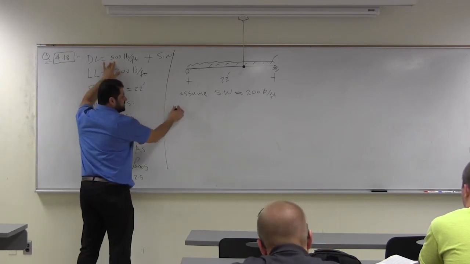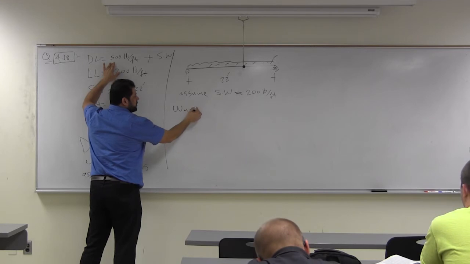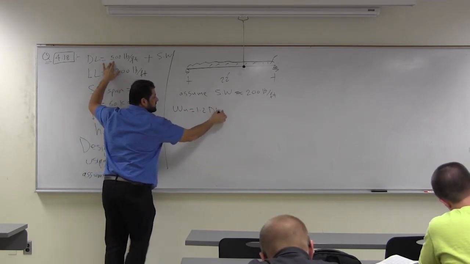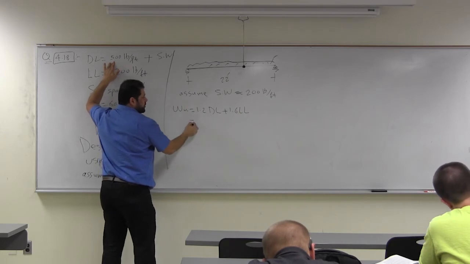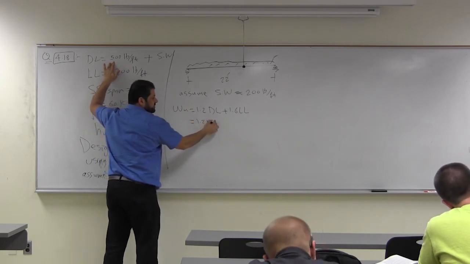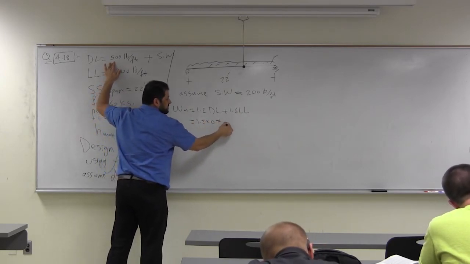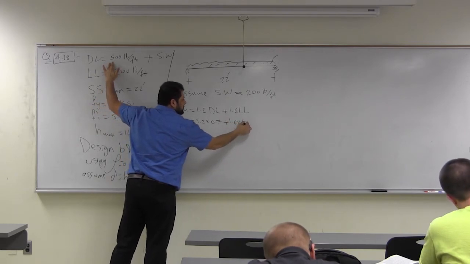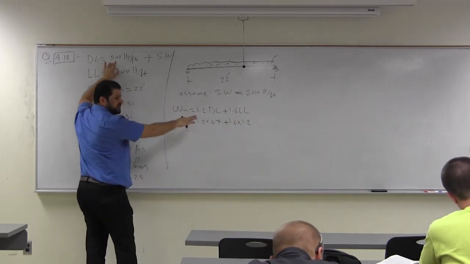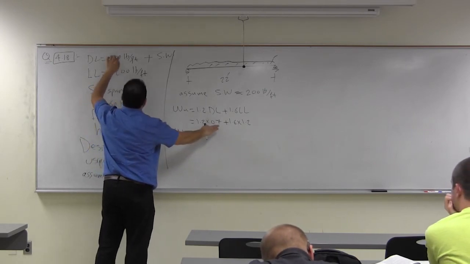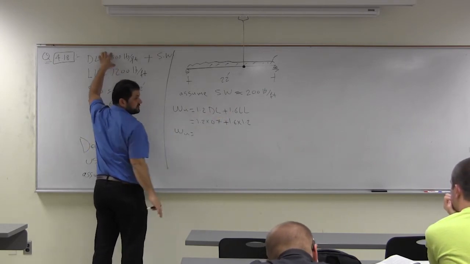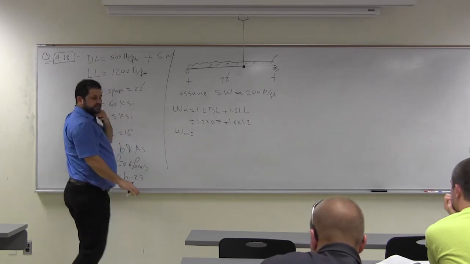So now w ultimate equal 1.2 dead plus 1.6 live, equal 1.2 times 0.7 plus 1.6 times 1.2. That's in kip per foot. The 0.7 is the 500 plus 200.